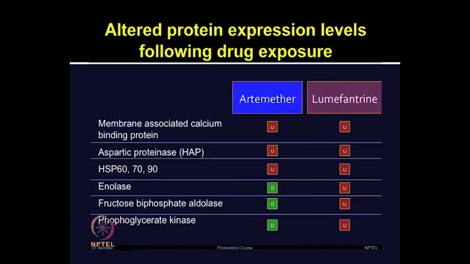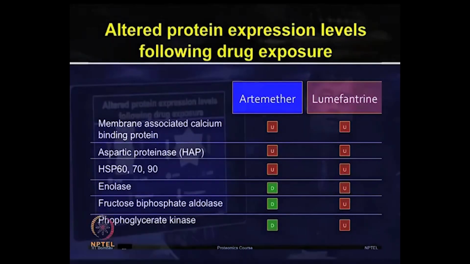There are certain proteins such as enolase, fructose bisphosphate aldolase and phosphoglycerate kinase. These proteins were downregulated in artemether treatment and upregulated in the lumefantrine treatment.